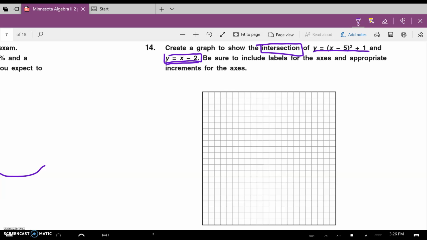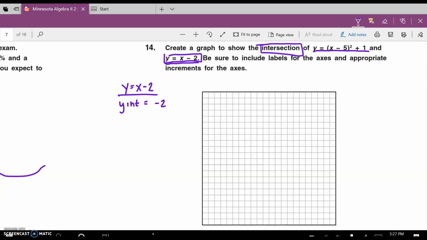I know that my y-intercept is negative 2. So I'm at least going to have to go 2 units underneath the x-axis to get what I need on this graph.